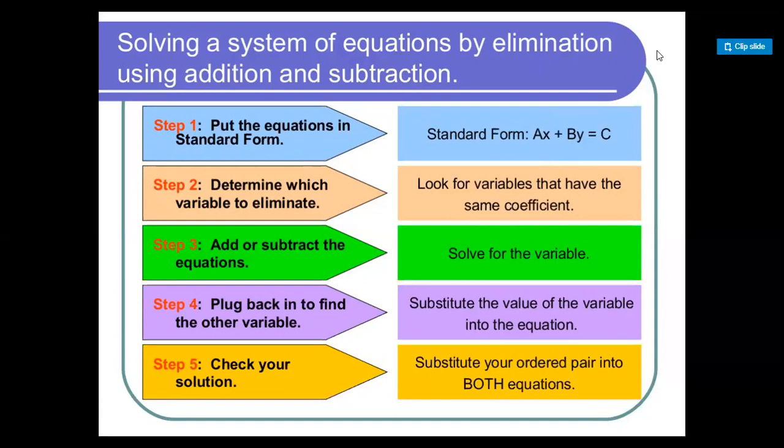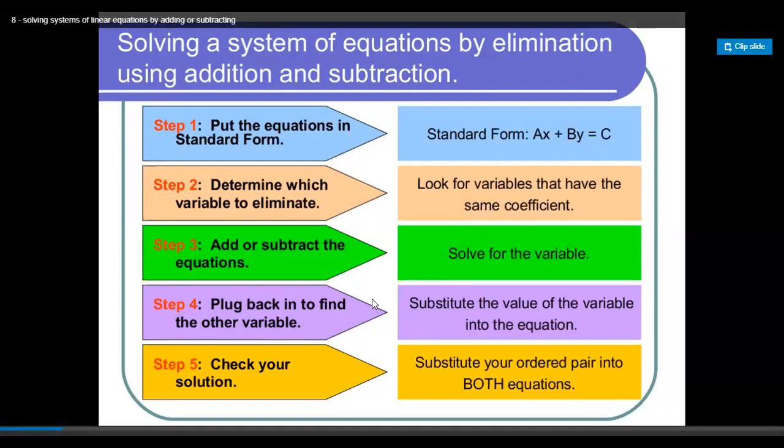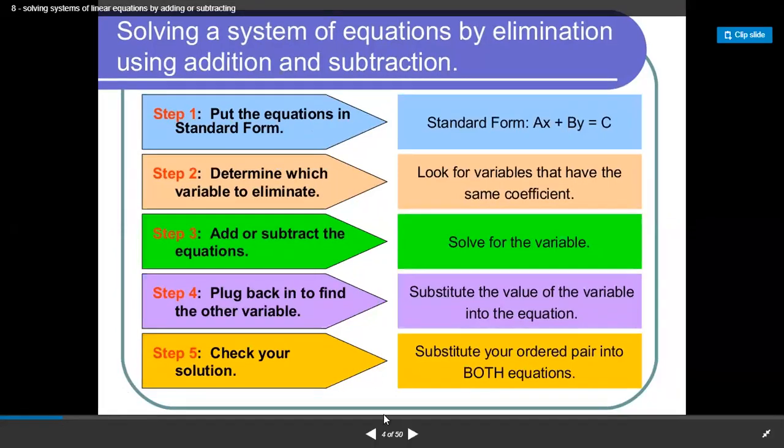And then eliminate the variable which has the same coefficient. We will look for the variable which has the same coefficient. After that, we will add or subtract to solve the equation, and then we will substitute. By the end, we have to check our answer.